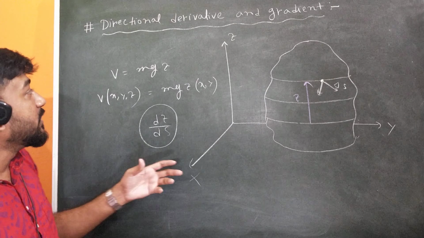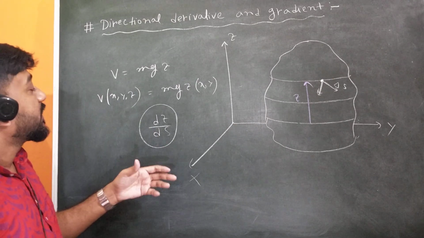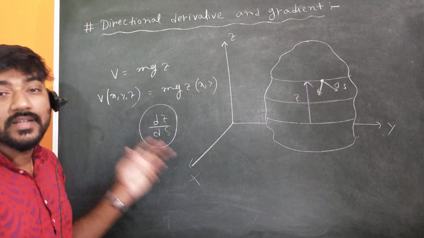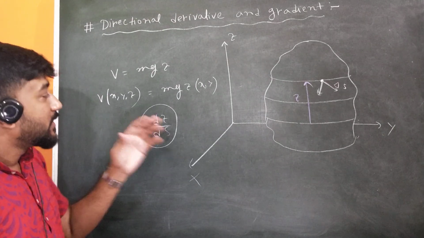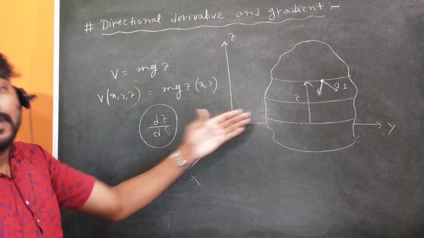Okay, now let me calculate mathematically what will be the mathematical form of this directional derivative, and how you can evaluate it for a particular function in a particular direction.